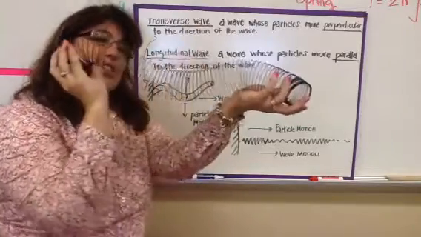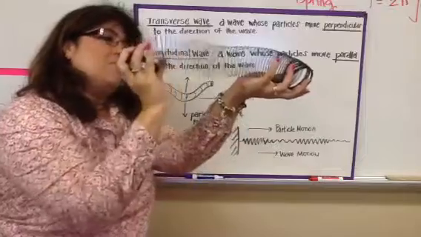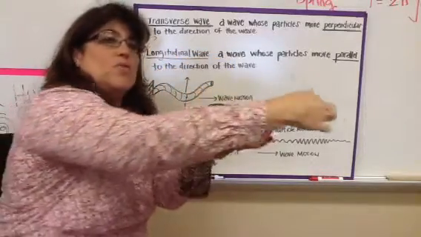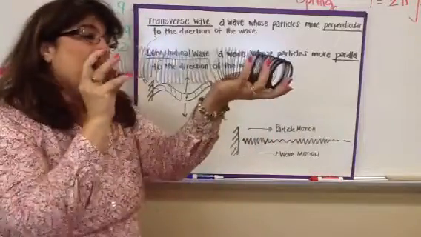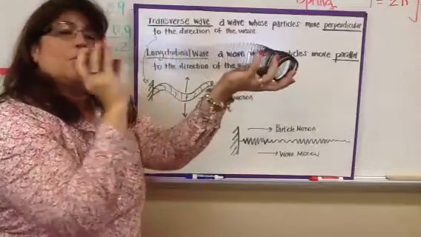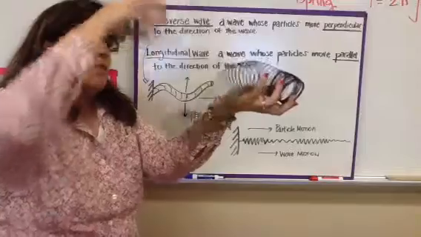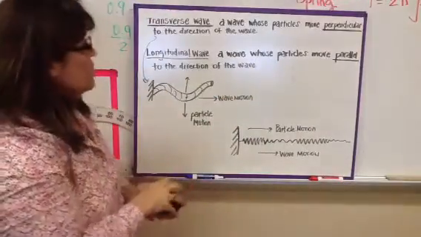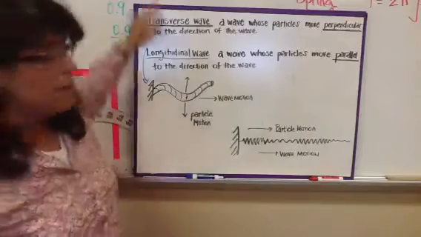It's kind of hard to show on the video, but you can see that this area of thickness of the spring is moving this way. So the particle and the wave are both moving in the same direction, where the other one is going up and down. Okay, so we're going to be talking about those two types of waves.